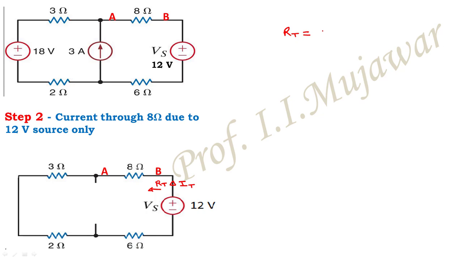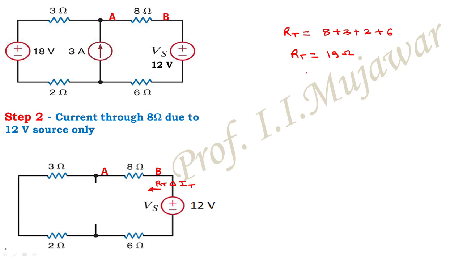RT is nothing but 8, then 3, 2 and 6 are in series. So your total resistance RT comes out to be 19 ohm.